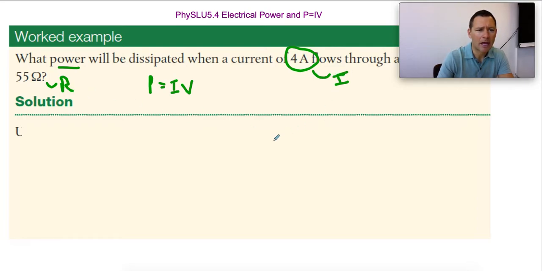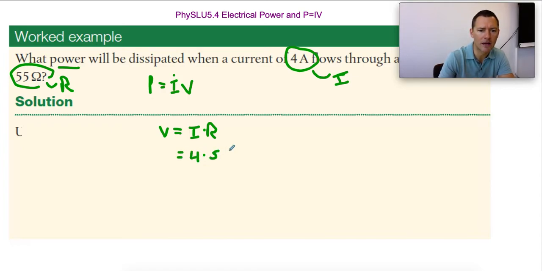So we might have to back up a step and say, okay, I know I, but I don't know V. But V is the current times the resistance, so we can first run these two to find the voltage. So you'd say, 4 times 55, right? And then take that value and put it in here. So then power is I, that they told us, times whatever value this is, this 4 times 55.